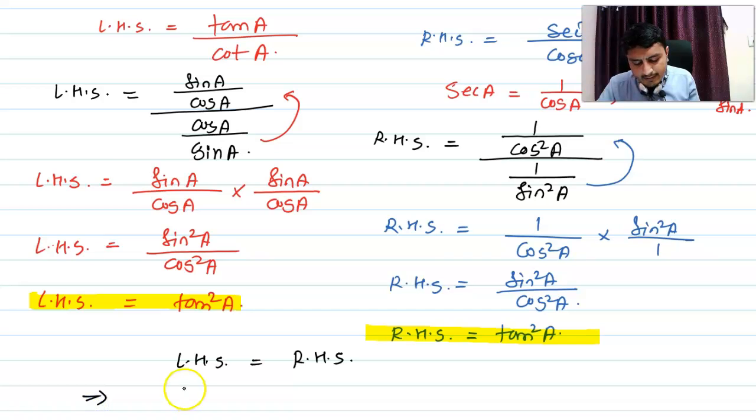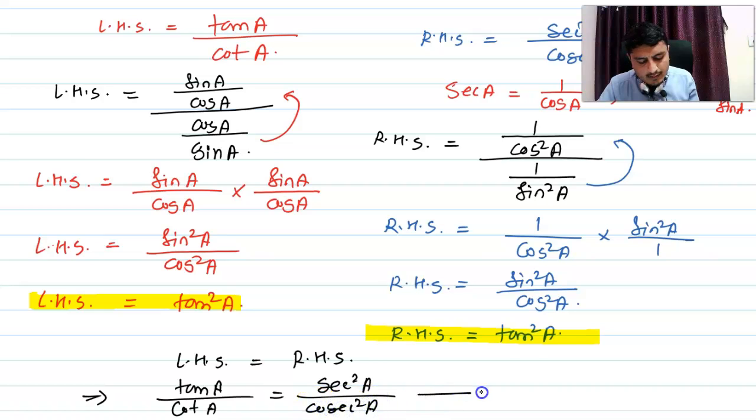So at the end we write tan A divided by cot A equals sec square of A divided by cosec square of A. Hence we have our proof here.